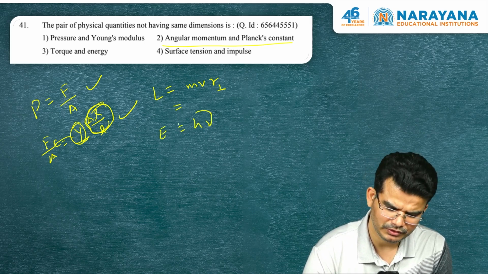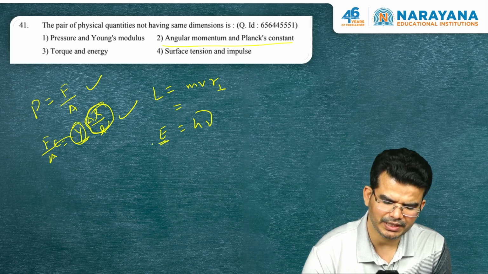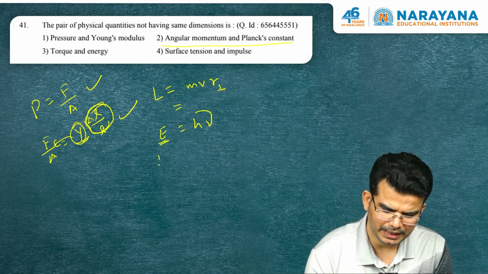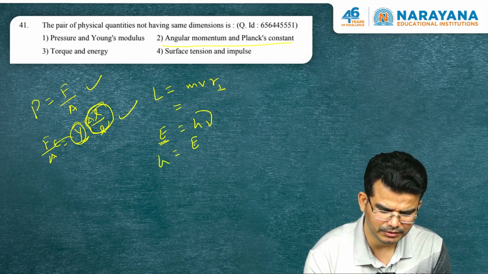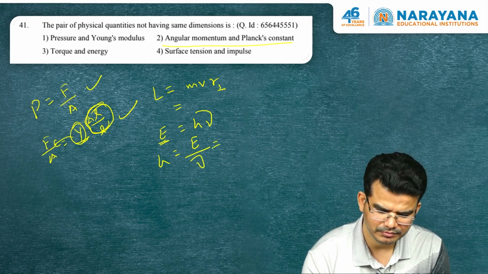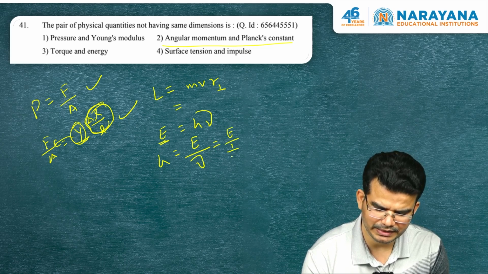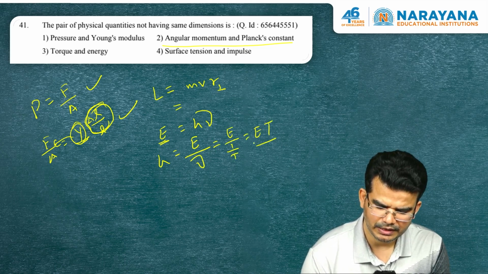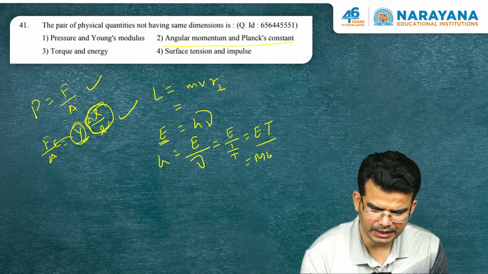E is energy, so Planck's constant is energy upon nu. Nu is 1 by time period, so it is energy into time. Energy is m L2 t minus 2, and one more t for this t. So, it is m L2 t minus 1.